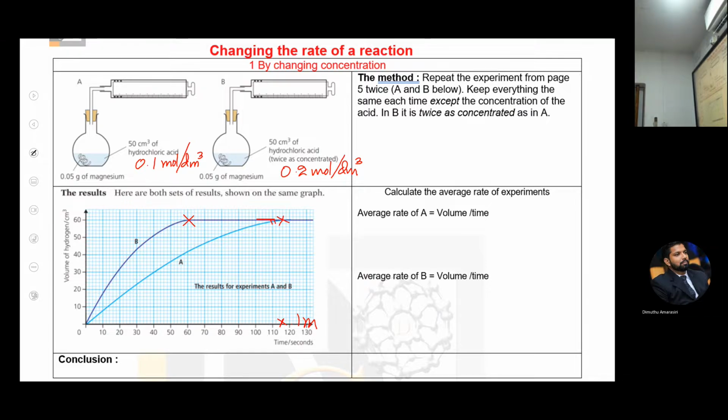What change is it here? Volume. The equation is given. Read the information given, whatever they have given, the time per second, minutes and seconds.